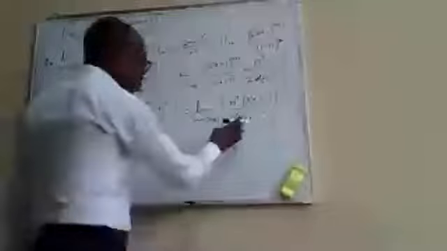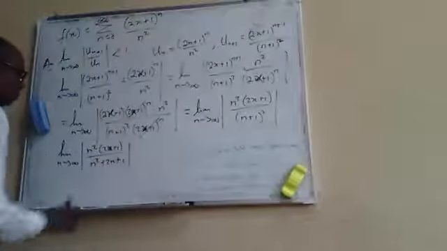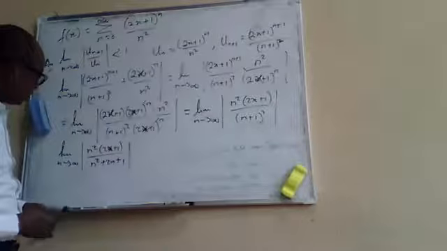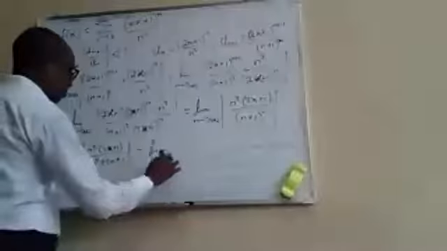So what you do, expand the bracket for us to determine the limit. When you expand the bracket, as n tends to infinity, this will be n squared (2x+1) over n squared plus 2n plus 1. So to do this, substitute.